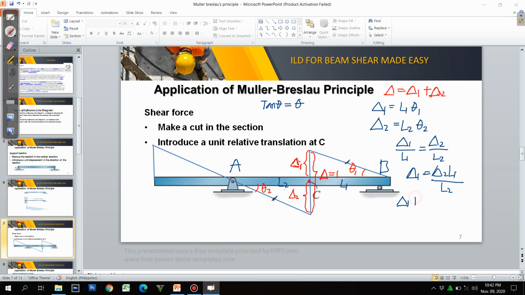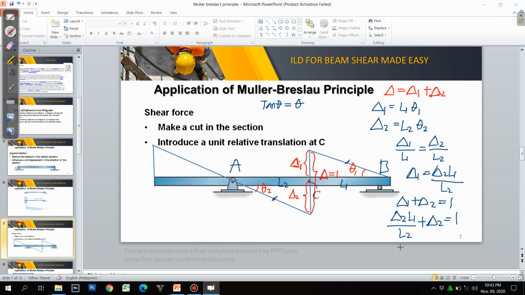From this, we have delta 1 plus delta 2 is equal to 1. So from this, we can just substitute this one. We have delta 2 L1 all over L2 plus delta 2 is equal to 1.